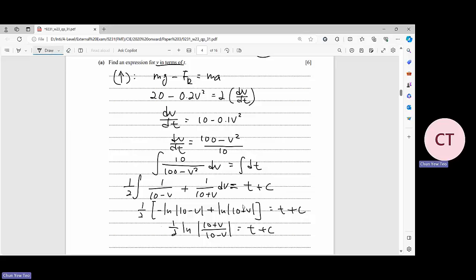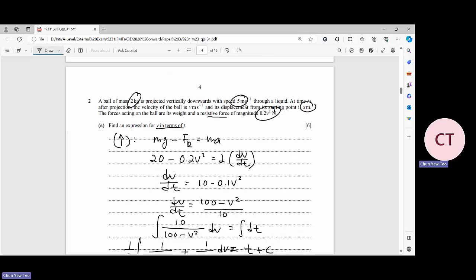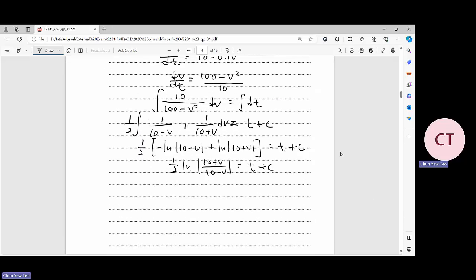Then we want to find the c. How to find the c? Initially the speed is 5, and the time t is 0. So when t equals 0, your v is 5. That means you have a half ln of 15 over 5 equal to c. So your c is a half ln 3. Okay.